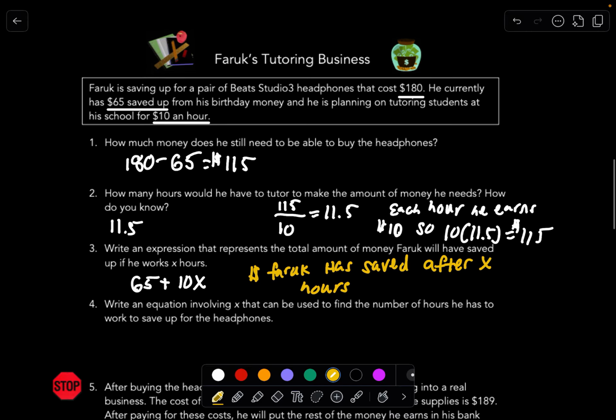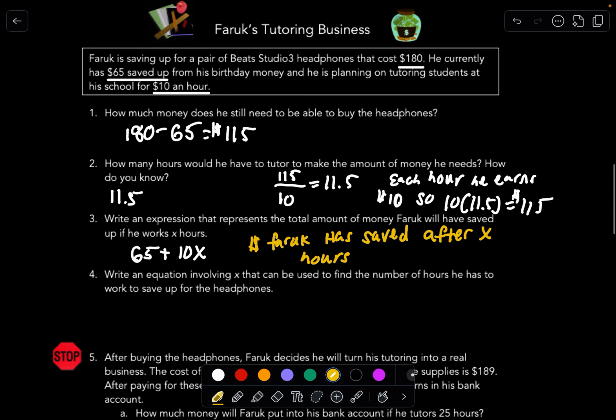Okay. Then it says write an equation. Notice the difference in the words. An expression just involves numbers and variables. Okay, but there's no equal sign.